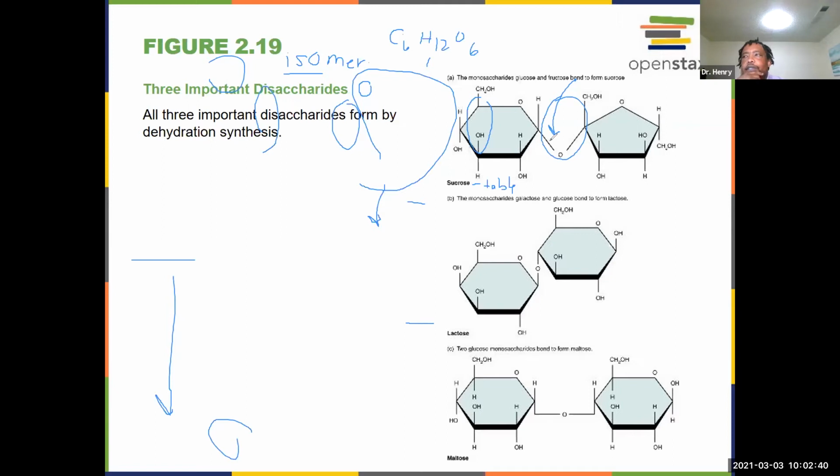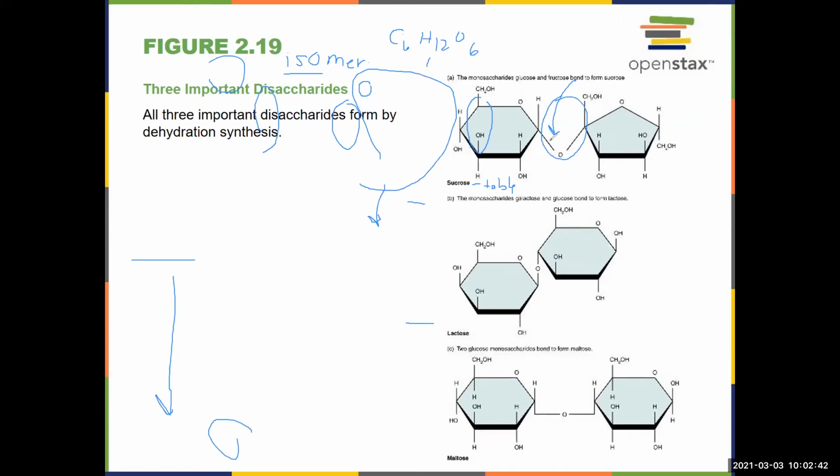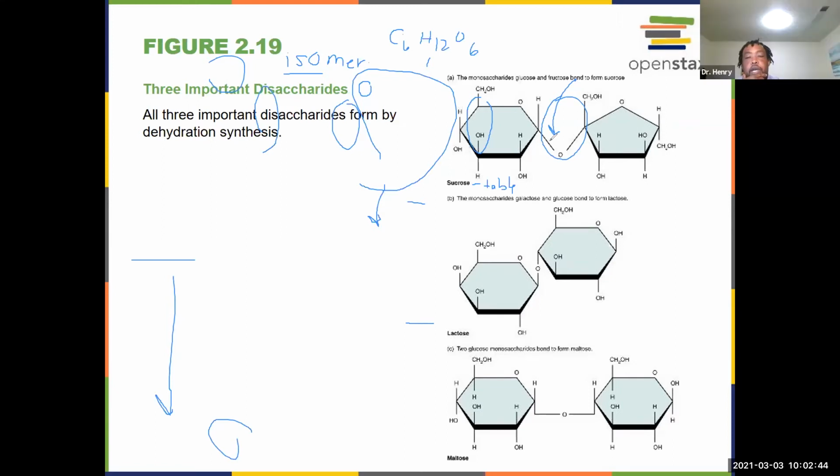What do you think we're going to use? Dehydration synthesis? Well, are we going to use dehydration synthesis? That's what we use to make it. But to break it down, we're going to use hydrolysis. Hydrolysis would break it down to allow us to utilize it. Dehydration synthesis is what we would use to make it.